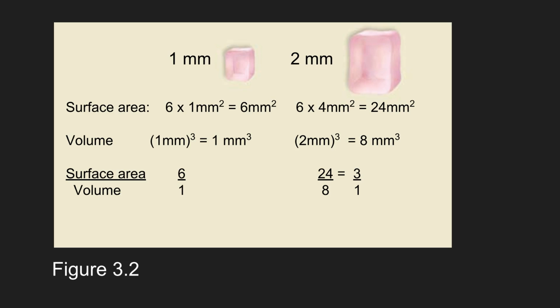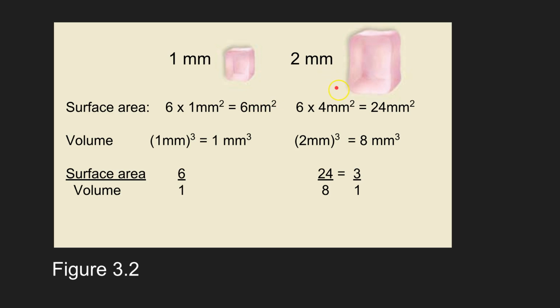So an example here that the book uses shows a little cube, and if you imagine cells are cubes, which they of course are not, it's done this way so that it can demonstrate easily how to calculate these surface areas and these volumes. You see this little cube over here that's 1 millimeter by 1 millimeter by 1 millimeter has a surface area of 6 millimeters squared.